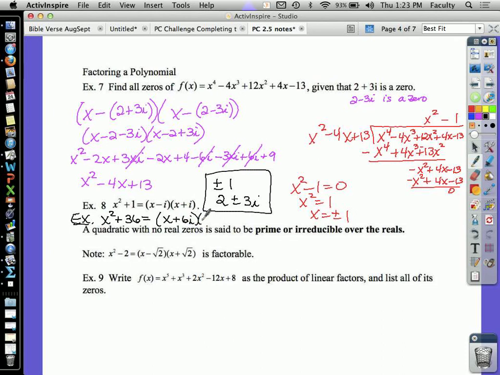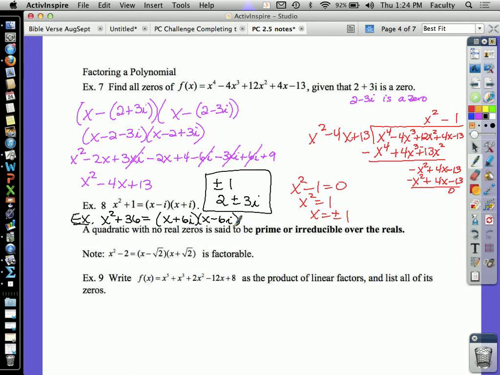X plus 6i, x minus 6i, right? And then if we were trying to solve this equation, my two solutions would be plus or minus 6i, okay?